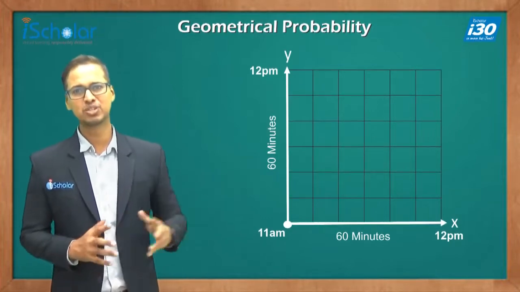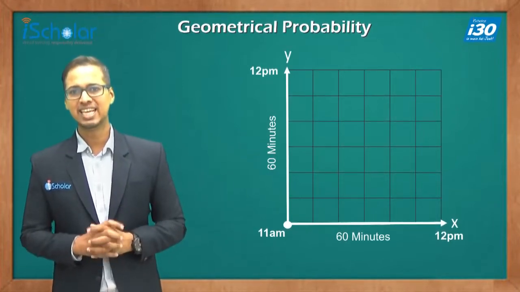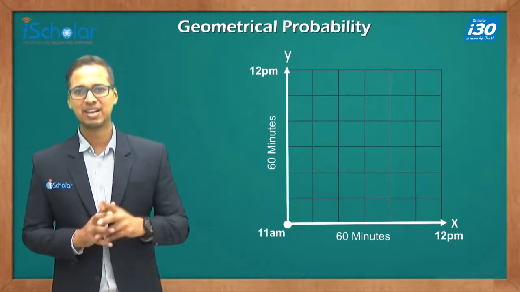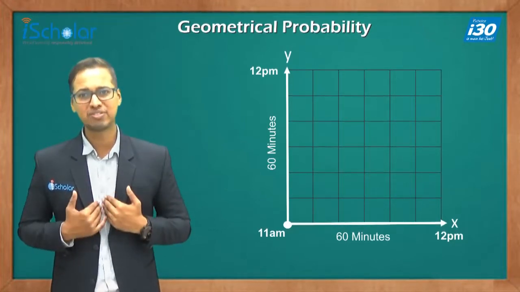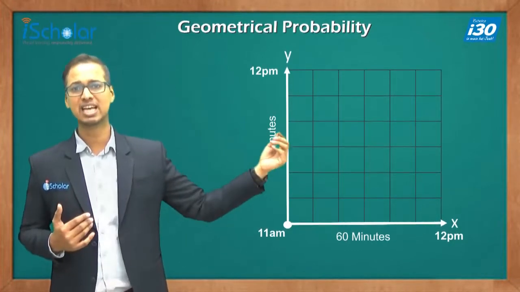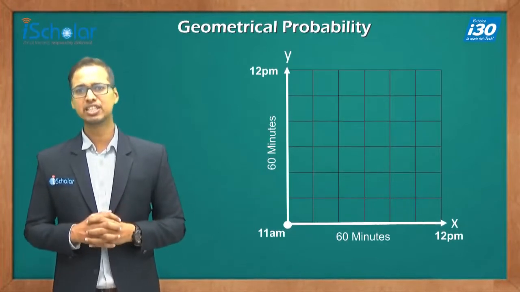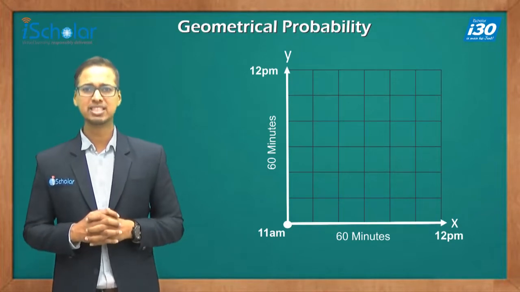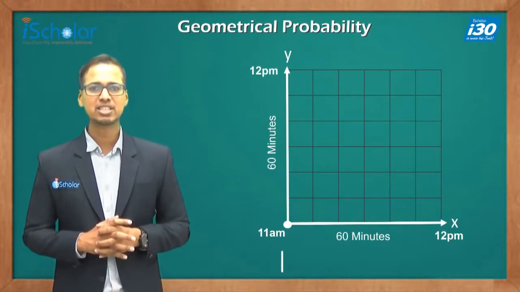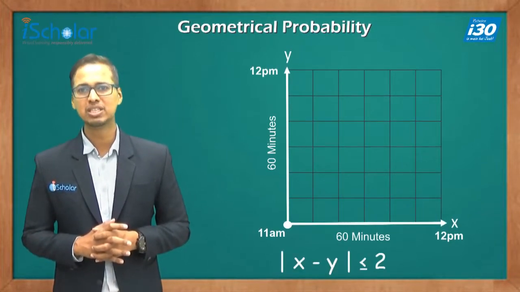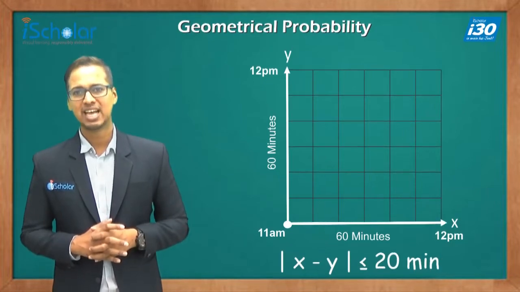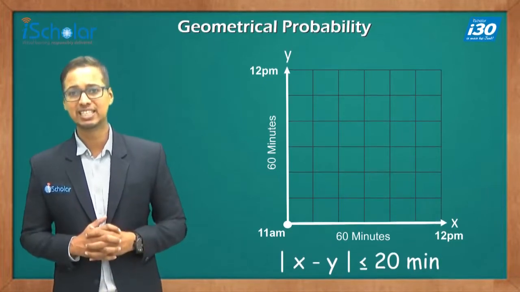Any point on the square box represents the x and y coordinates, where x represents my time of arrival and y represents the time of arrival of my friend. Now here the favorable condition would be the graph represented by |x minus y| less than 20. |x minus y| less than 20.